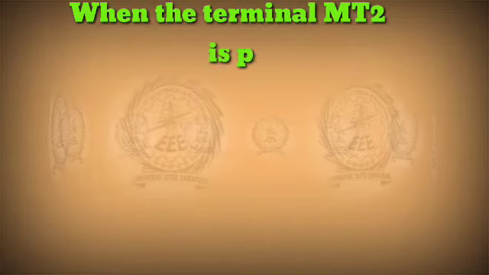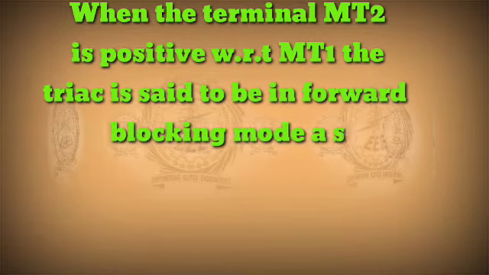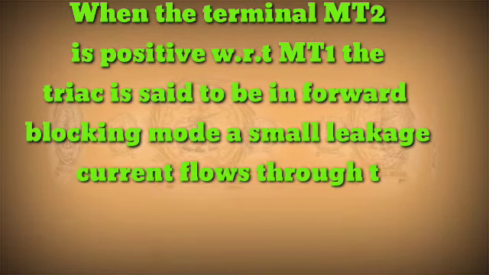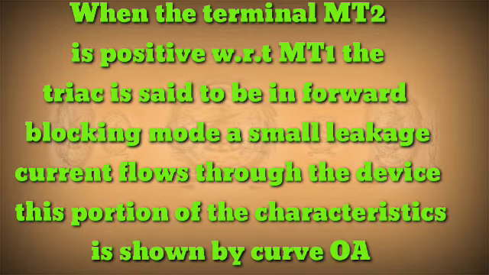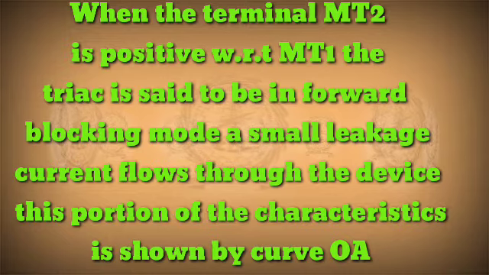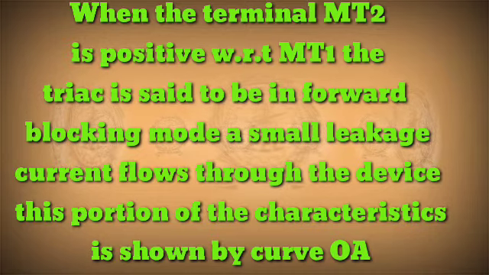When the terminal MT2 is positive with respect to MT1, the triac is said to be in forward blocking mode. A small leakage current flows through the device. This portion of the characteristics is shown by curve OA.